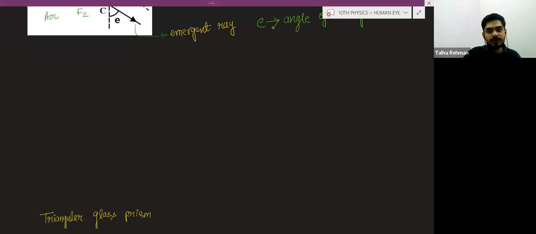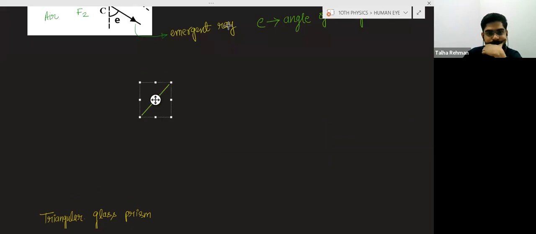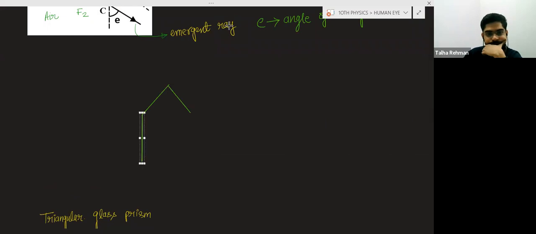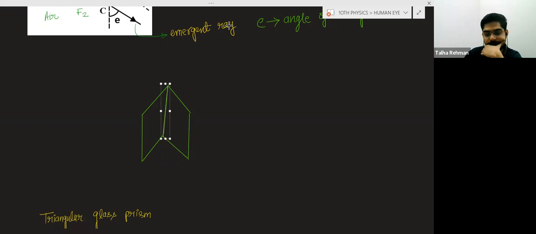So we can draw it like this, and like this. These are not looking parallel. Okay, no problem.